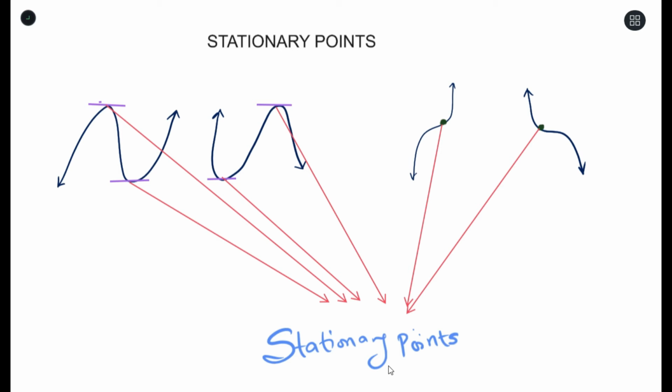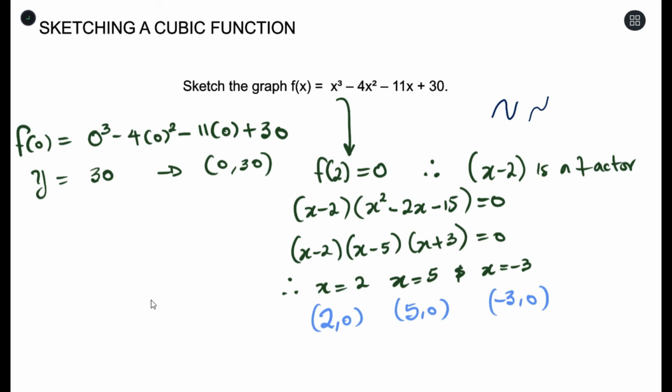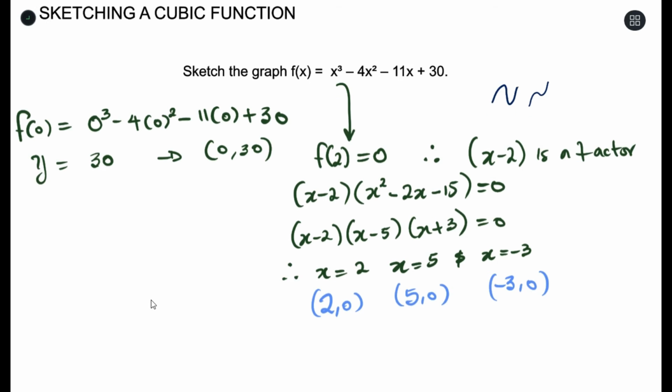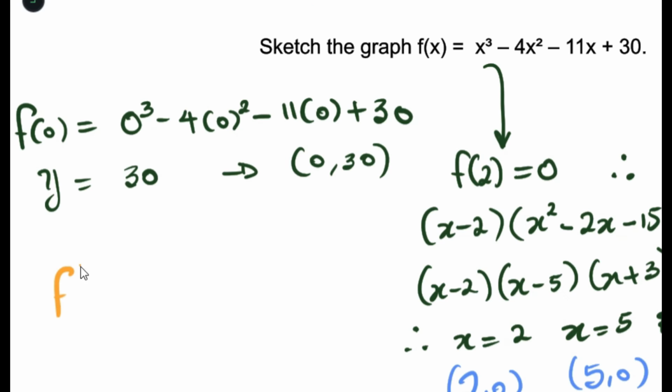Now, how do we find our stationary points? We normally find them by saying the first derivative equals 0. So back to the question, we need to find our stationary points because they give us our turning points. So let's try that real quick.